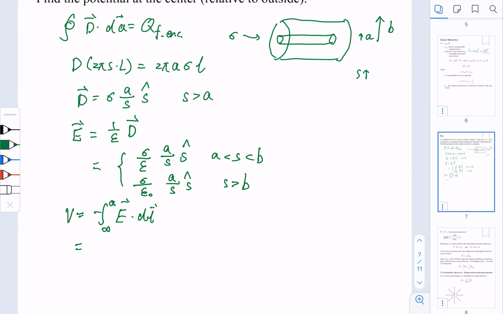And if we do this integral, we have to split into two terms. One is outside to B, another is from B to A.